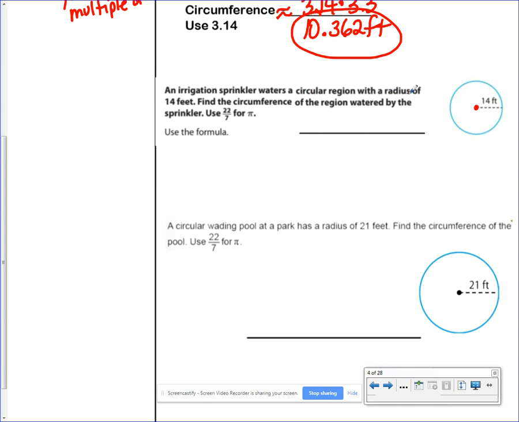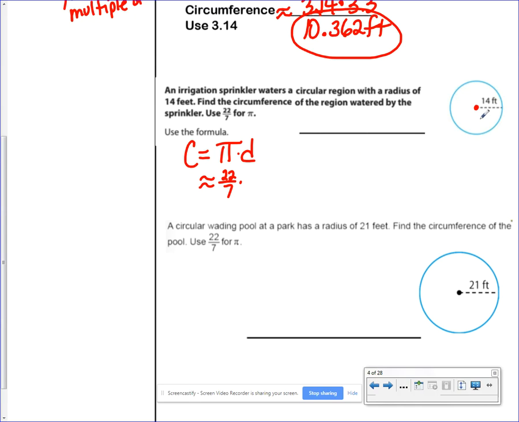Anyway, it says the radius is 14 feet, okay? Find the circumference of the region watered by the sprinkler, and please this time use 22/7 for pi. Why are they saying use this one? Because my radius is 14. That is a multiple of 7. So first, use the formula. Pi times diameter. Now, to find the circumference, I'm changing to approximately. Pi is 22/7.